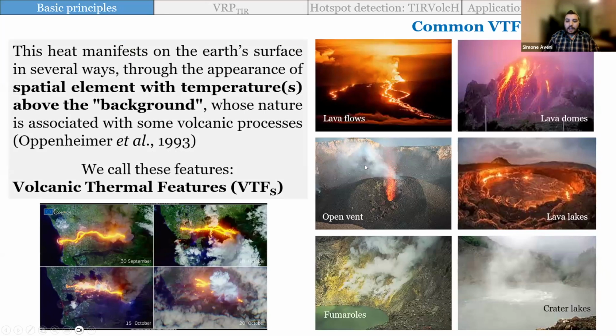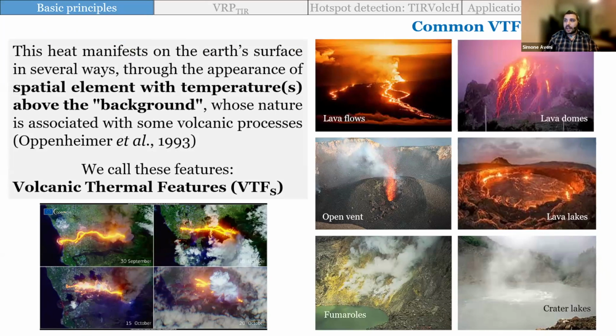This heat manifests in a number of ways, with spatial elements that have a temperature above that of the background, and we call these elements volcanic thermal features. This is a terminology that we will encounter later on during the presentation.